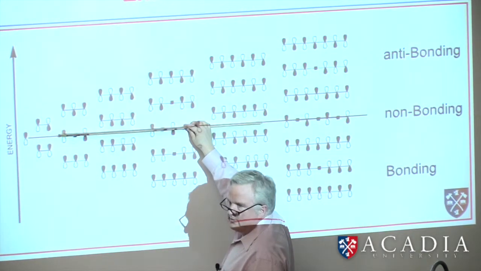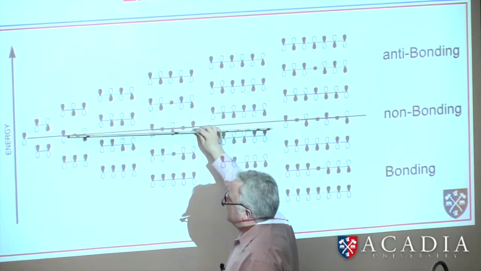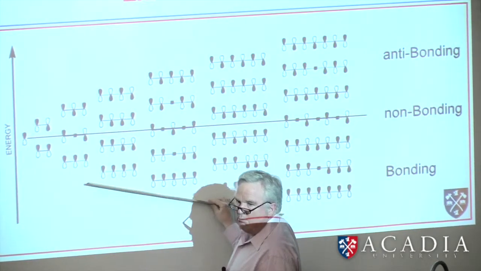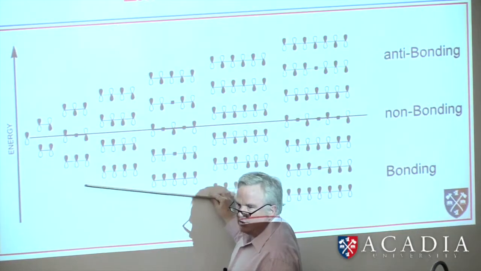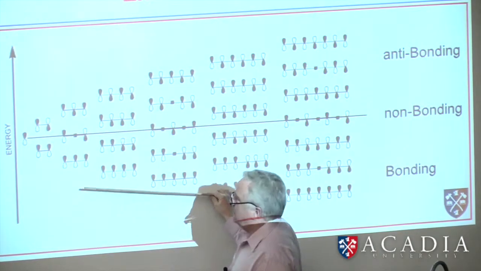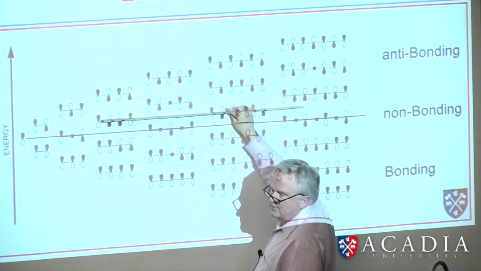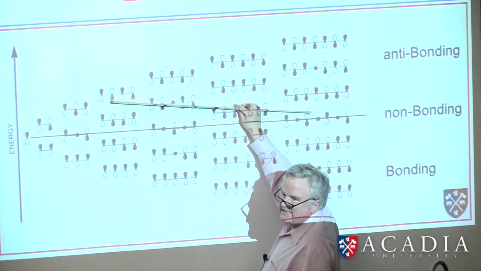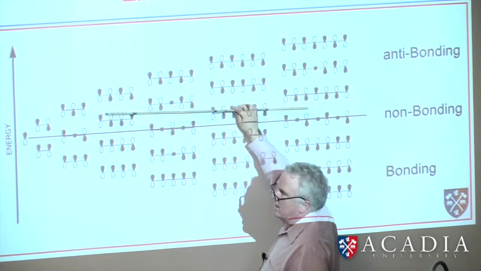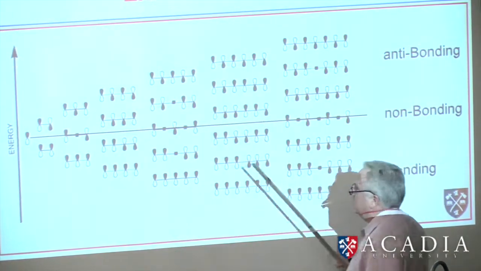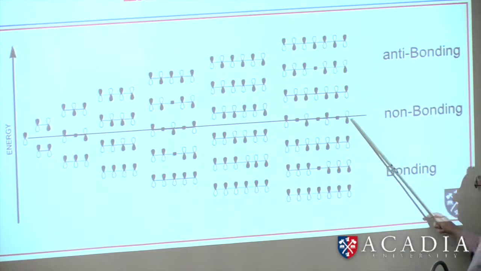We will have 1 orbital that's non-bonding. Everything below that we talk about as being bonding in character because they're lower in energy and we're able to stabilize the system. Whenever we put electrons in the anti-bonding orbitals, we're destabilizing the system. So these are anti-bonding, bonding, and non-bonding here.